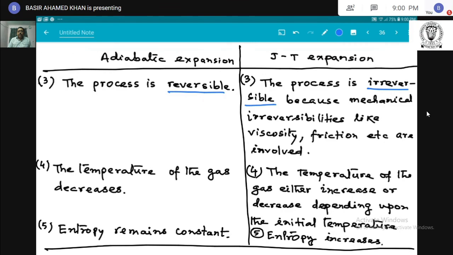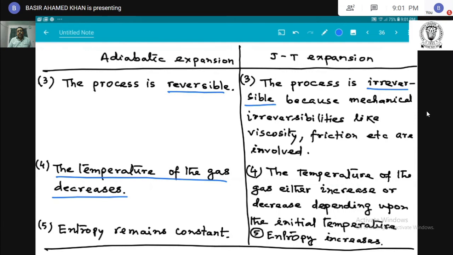Therefore, the JT expansion is an irreversible process. Next point is that the temperature of the gas decreases in adiabatic expansion. But in JT expansion, as I have seen in the porous plug experiment, the temperature of the gas after expansion either increases or decreases.